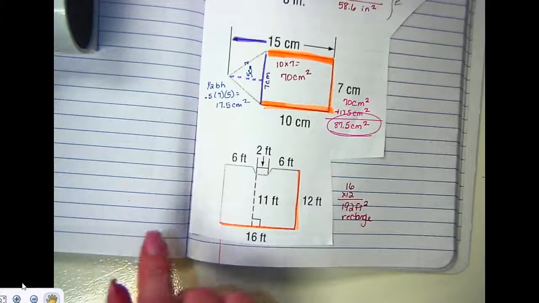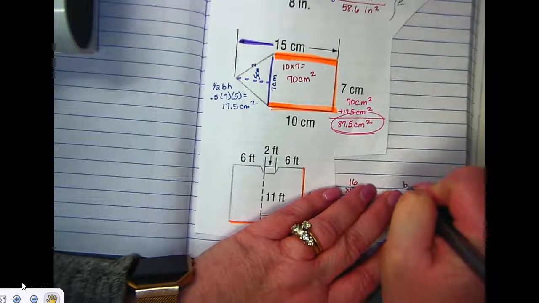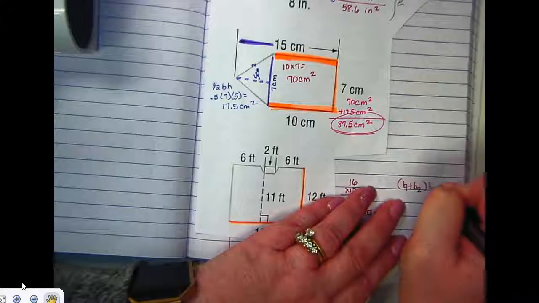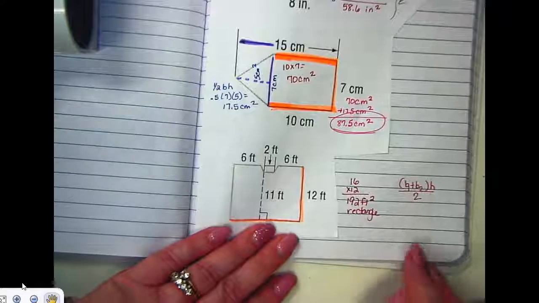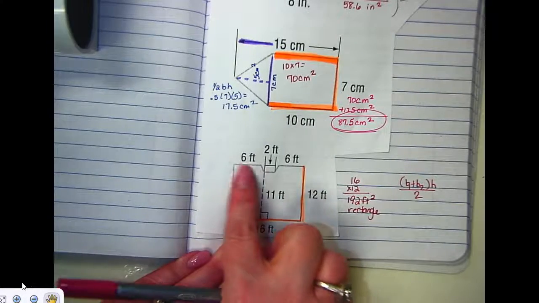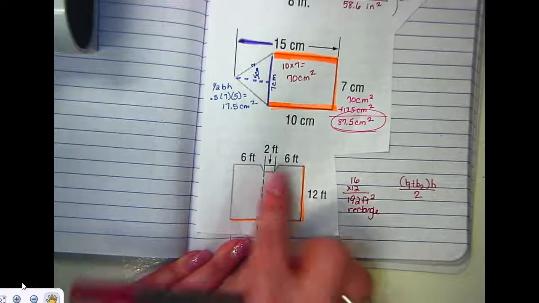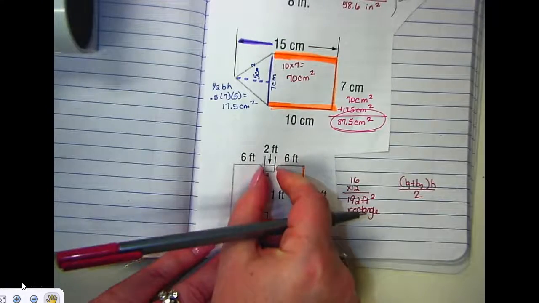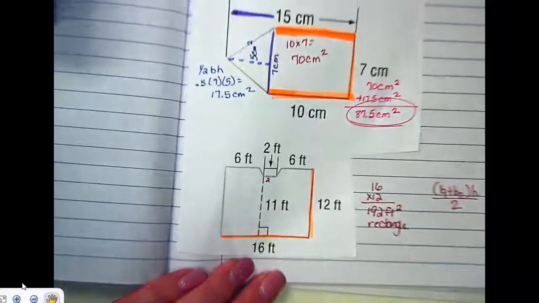Okay. Formula for a trapezoid is base 1 plus base 2 times the height divided by 2. So we've got to figure out what the base is. So we know that this smaller part down here is a 2. Let me zoom in a little bit.